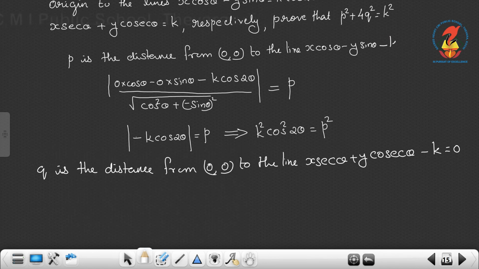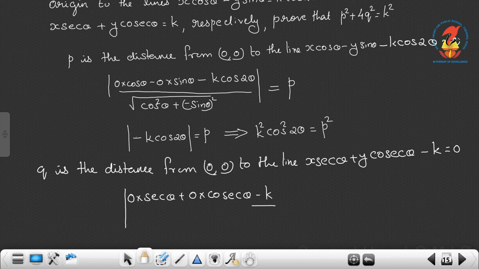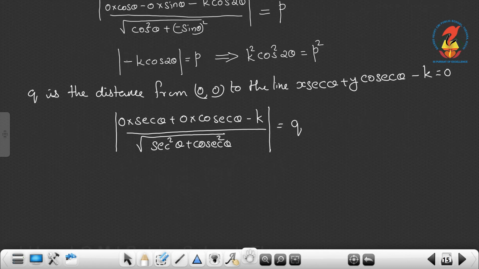So we can write modulus 0 into sec theta plus 0 into cosec theta minus k by root of sec square theta plus cosec square theta is equal to q. Now we have to simplify.